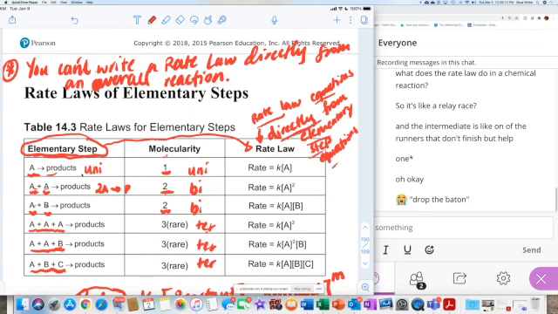directly from elementary steps? While you can't write the rate law directly from an overall reaction, you can write a rate law equation directly from an elementary step. Remember, in the elementary step, all the important details are being discussed.